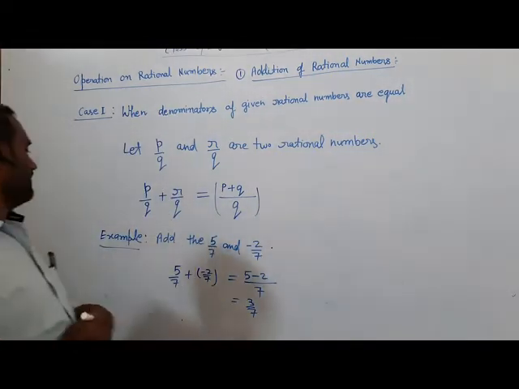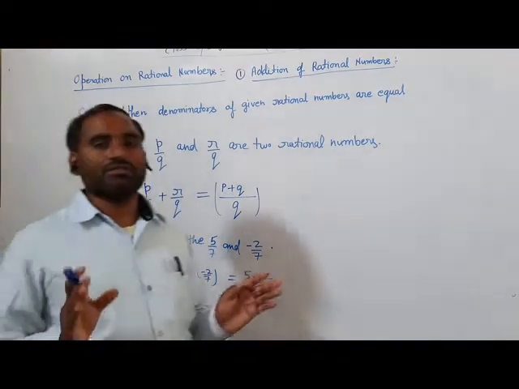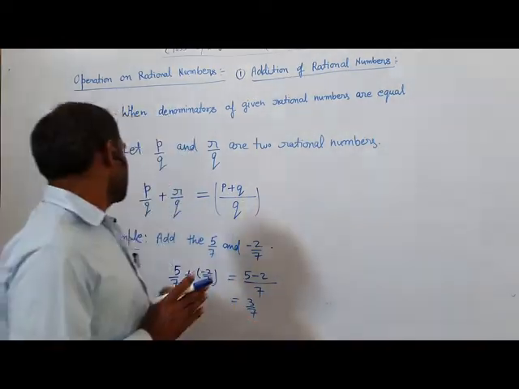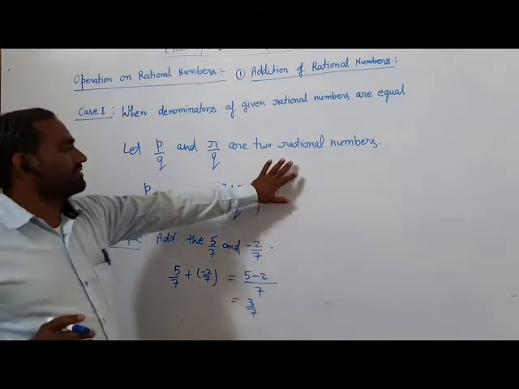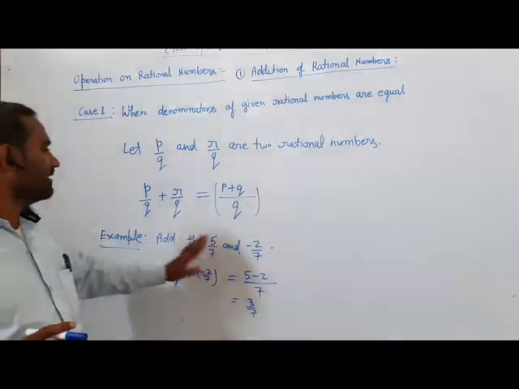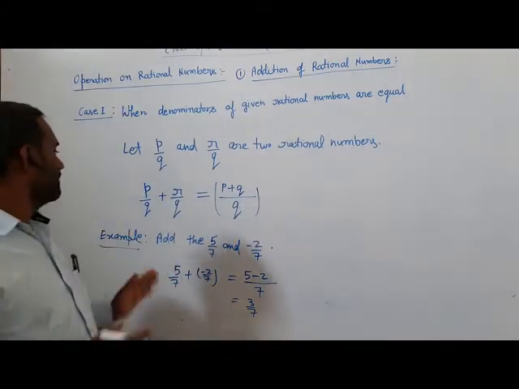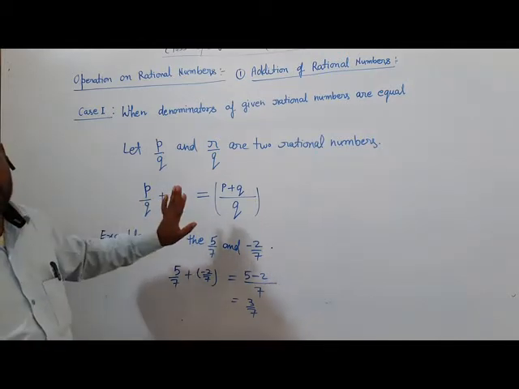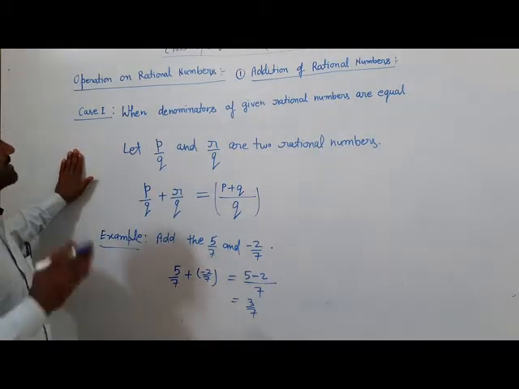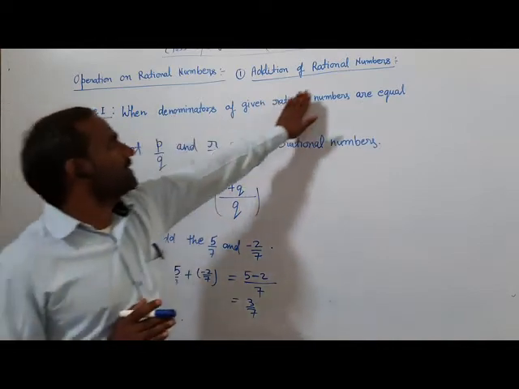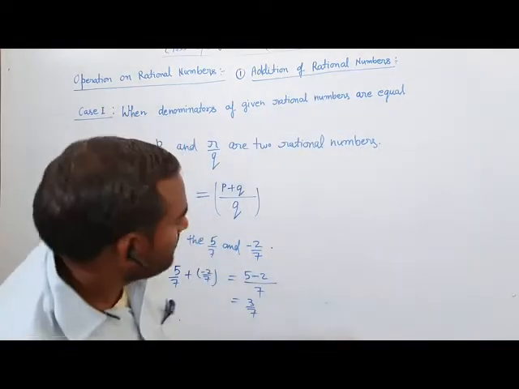Easily we can solve it. If the denominators are equal in the rational numbers, we simply rewrite the denominator and add the numerators. This is the first condition of addition of rational numbers.